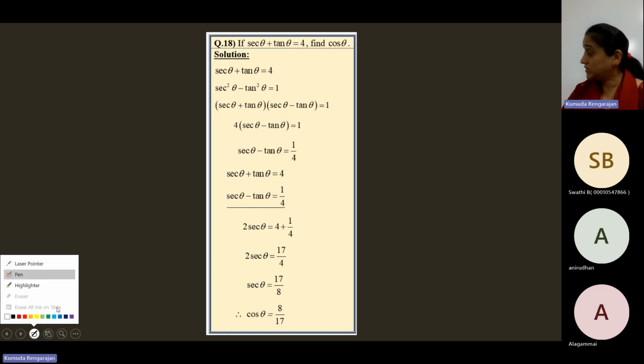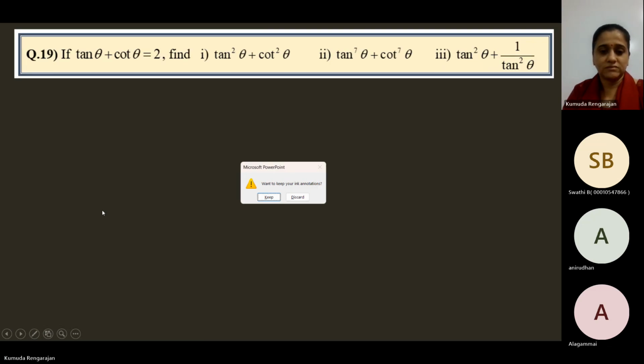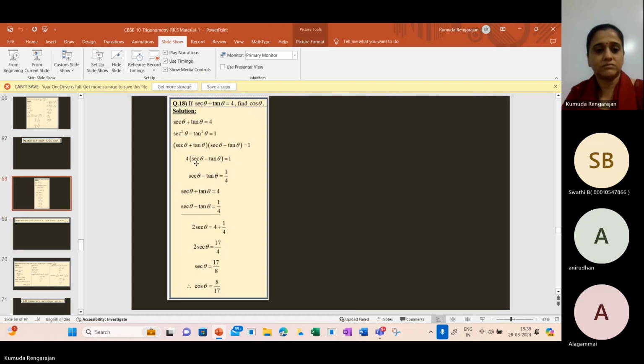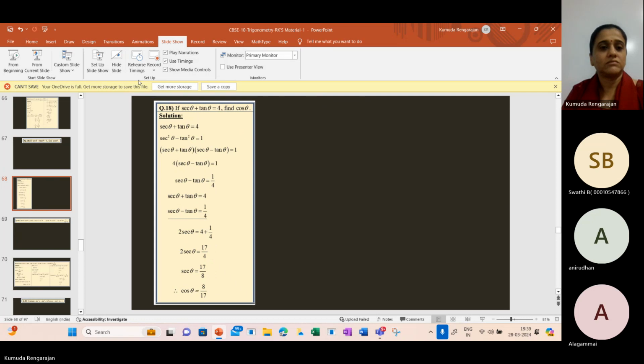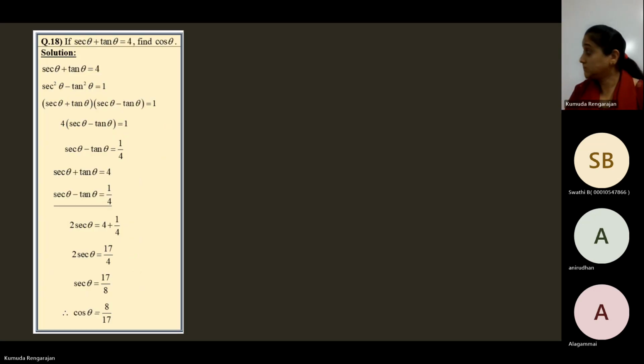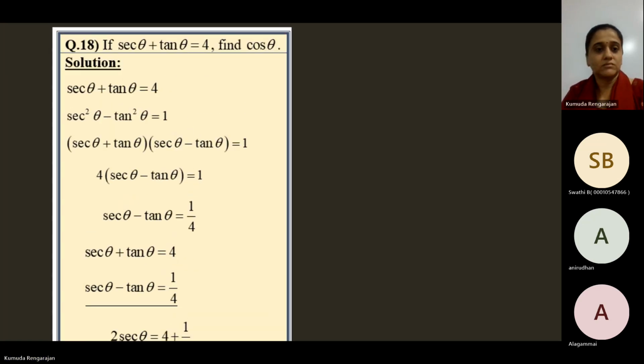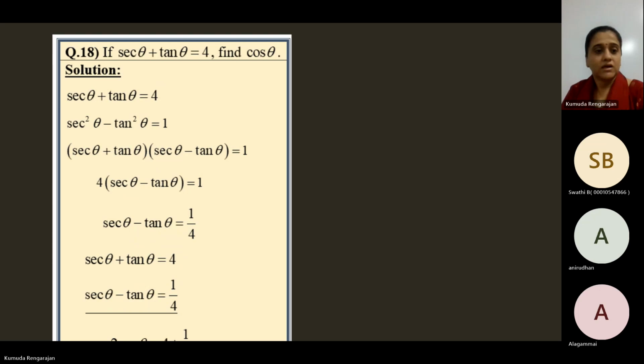So here you can also see the steps. What we just discussed: secant square theta minus tan square theta is 1. Can you see that?